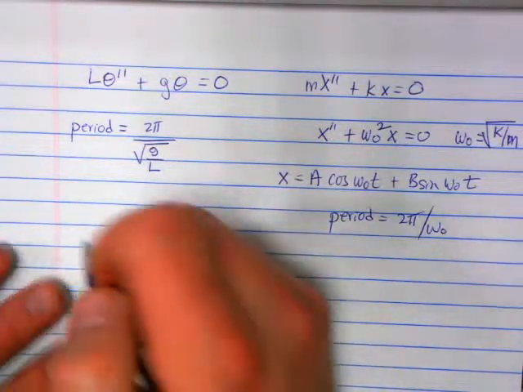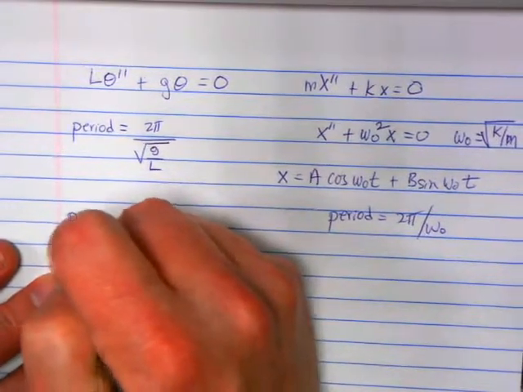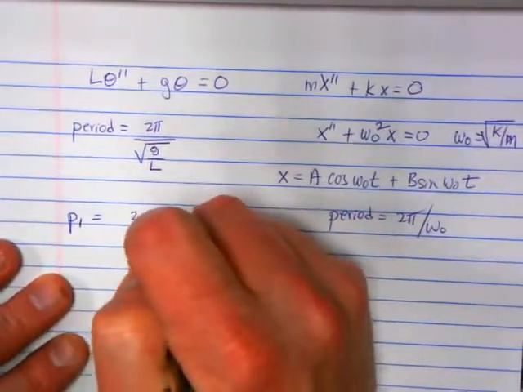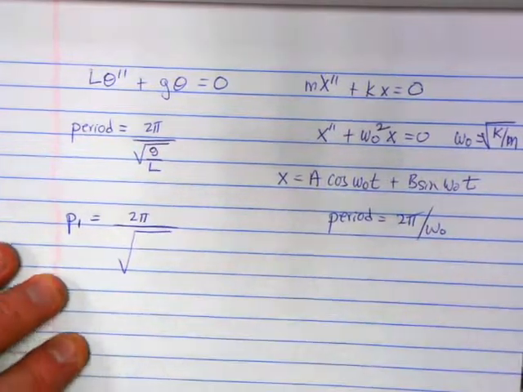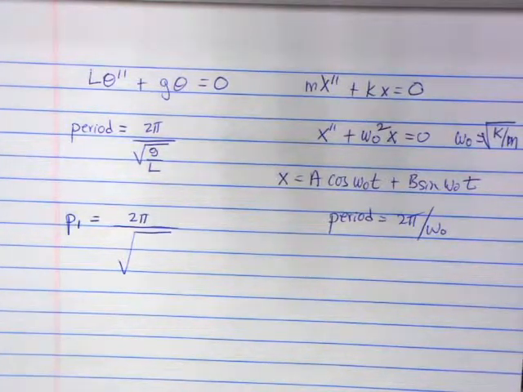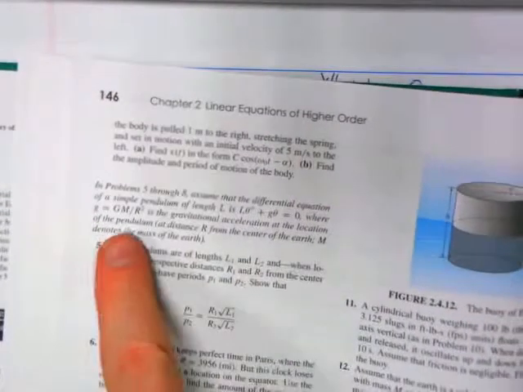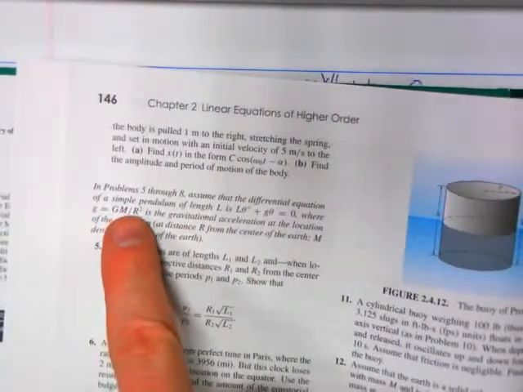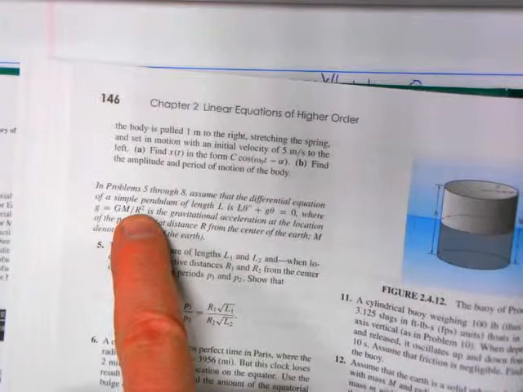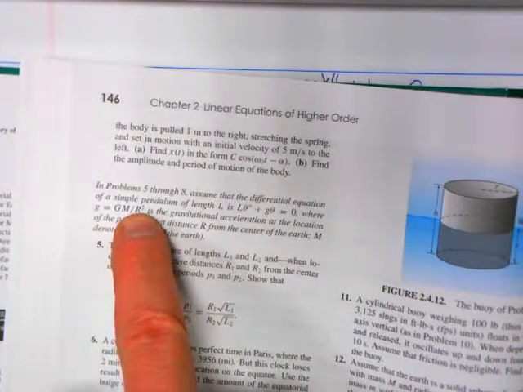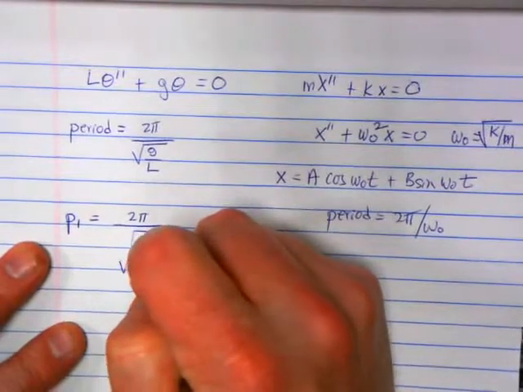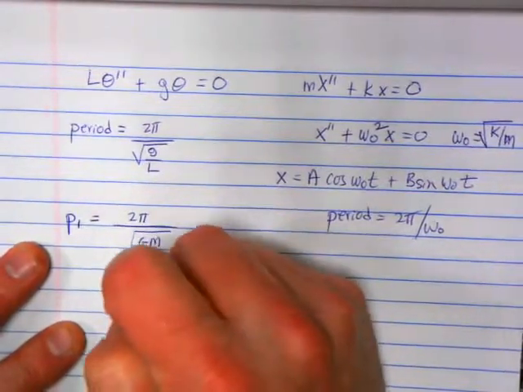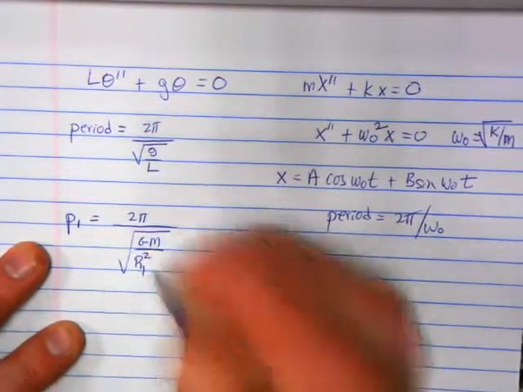So the period for pendulum number 1 is 2 pi divided by the square root of, now remember what little g was. Little g was big G times big M divided by radius squared. So that's going to be big G, big M divided by radius 1 squared.